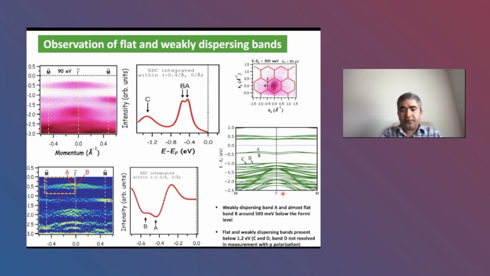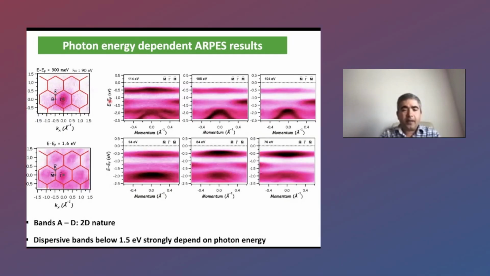Okay, so we did the first principle calculation. You can clearly see very weakly dispersive bands A and B, and there's some sort of flat band C and D over here, also very weakly dispersive. To prove that, we did the photon energy dependent measurement, and we clearly see this flat band is of 2D nature.